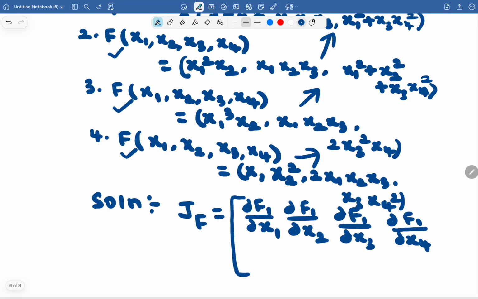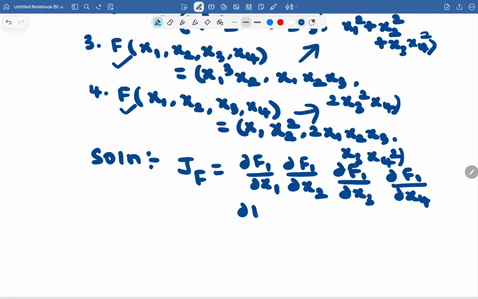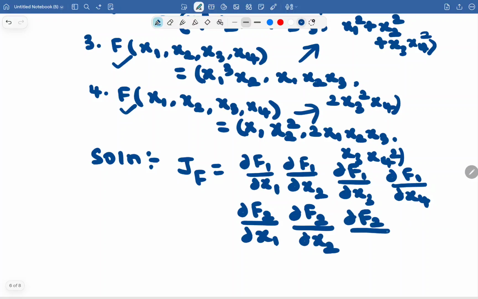Second row, dou f2 by dou x1, dou f2 by dou x2, dou f2 by dou x3, dou f2 by dou x4.